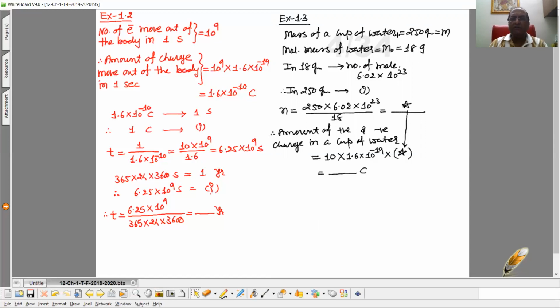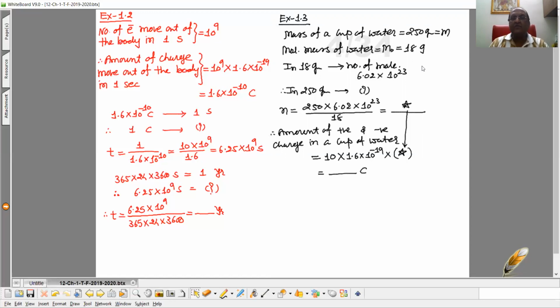Now, the mass of a cup of water is 250 grams, say small m. The molecular mass of water, M0, is 18 gram. If we take the substance equal to its molecular mass in gram, then that is 1 mole of substance. And in 1 mole of substance, the number of molecules or atoms is equal to the Avogadro number, which is 6.02 into 10 raised to 23.